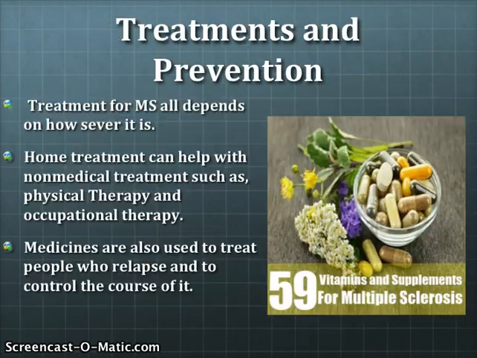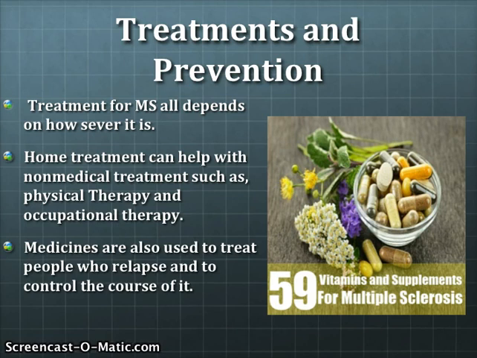And then some treatments and preventions. The treatment of MS really depends on how severe it is and how it's affecting your body, and it's all kind of hit and miss. If you're having certain issues, they might try something different than for the next person, because their symptoms and issues with MS could greatly differ from yours.